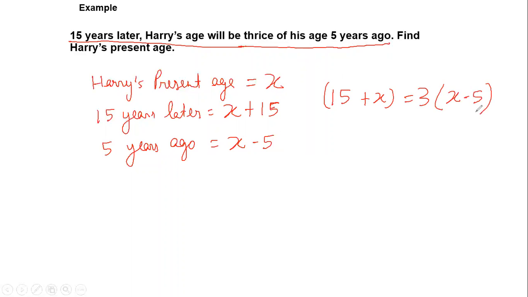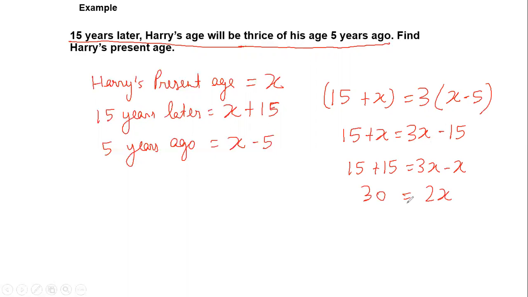So from here, I formed a mathematical equation and there is only one variable in this equation. So I'll isolate that variable. It will be 15 plus X is equal to 3 times X minus 5. Here I'll isolate X on one side, 15 on the other side. So it will be 15 plus 15 is equal to 3X minus X. That will be 2X on this side and this will be 30.